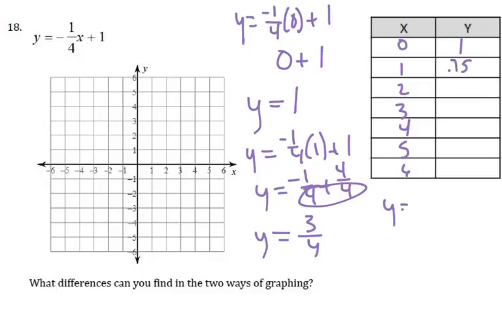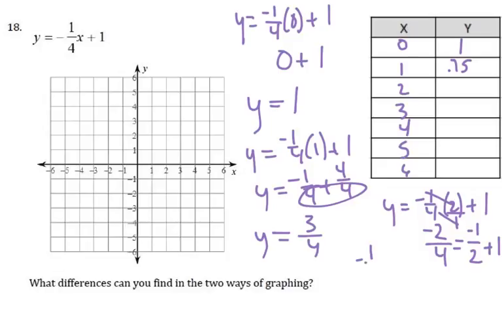2. Y equals negative 1/4 times 2 plus 1. Well, make it a fraction. Negative 1 times 2, negative 2. 4 times 1 is 4. Negative 2/4 is really negative 1/2, plus 1. Well, negative 1/2 plus 1 is like negative 1 over 2 plus 2 over 2.